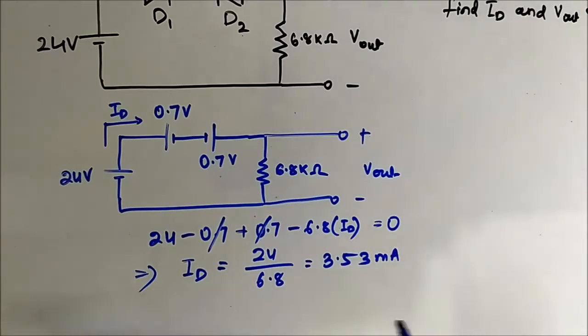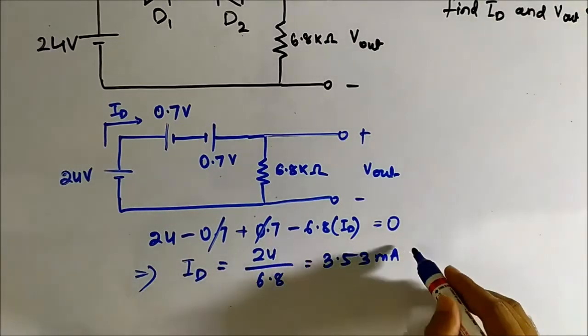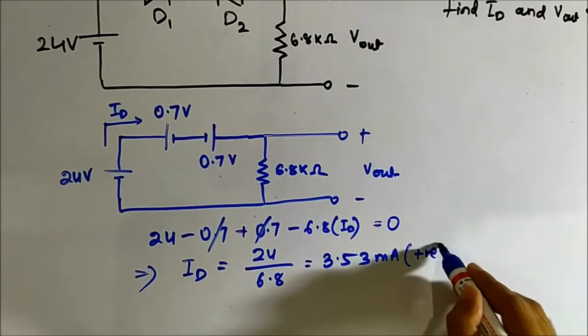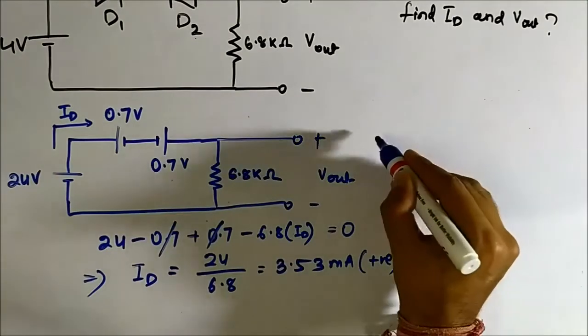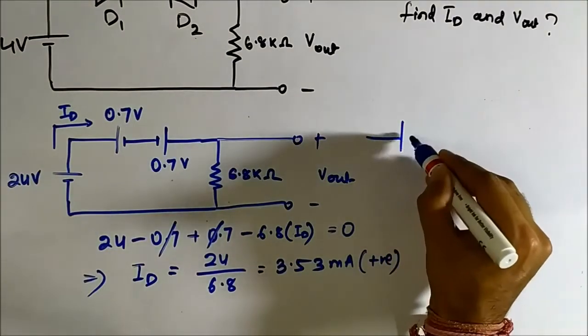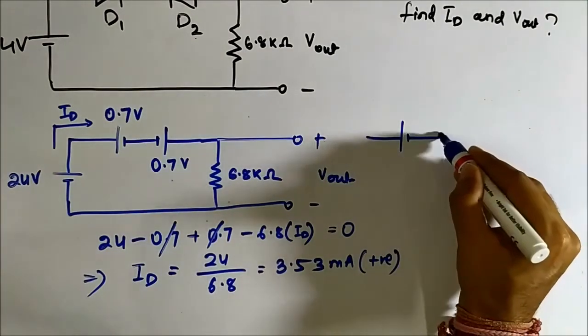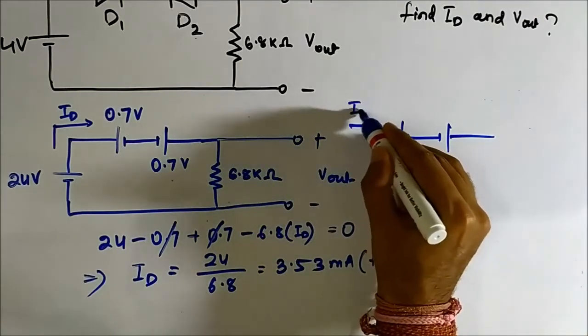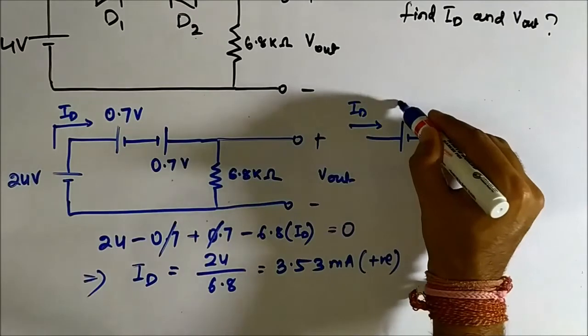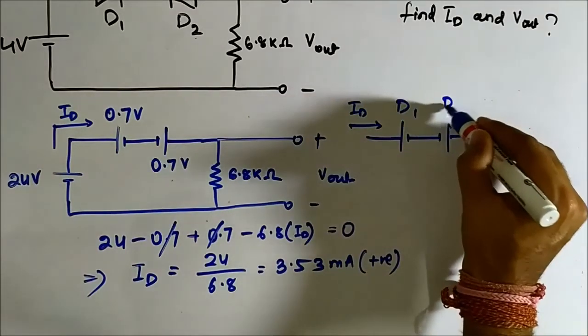Now the interesting thing here is that it is positive. So this current ID is flowing like this. This is D1, this is D2.